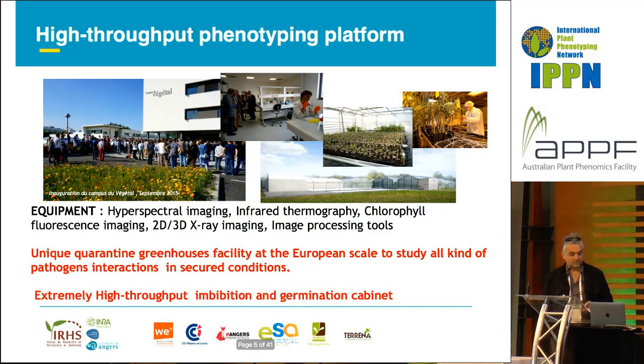The facility includes most of the imaging systems listed here, and we especially have a unique quarantine greenhouse facility which enables monitoring of plant-pathogen interactions in secure conditions, and also an extremely high-throughput imbibition and germination cabinet that we have in this place.